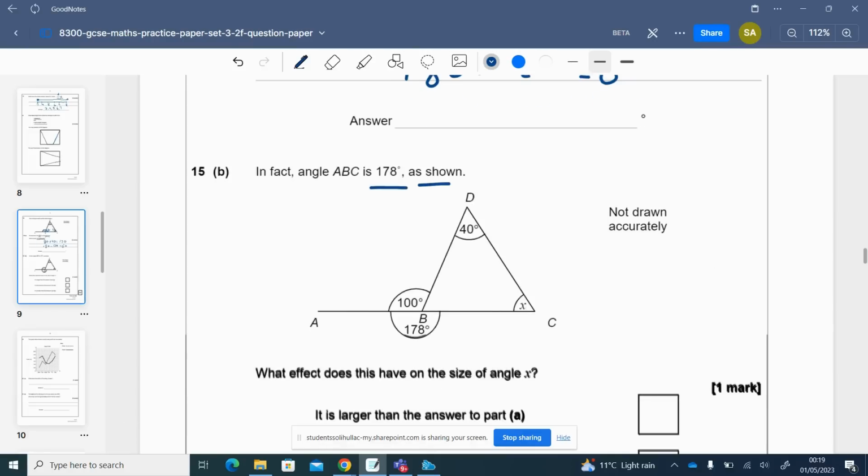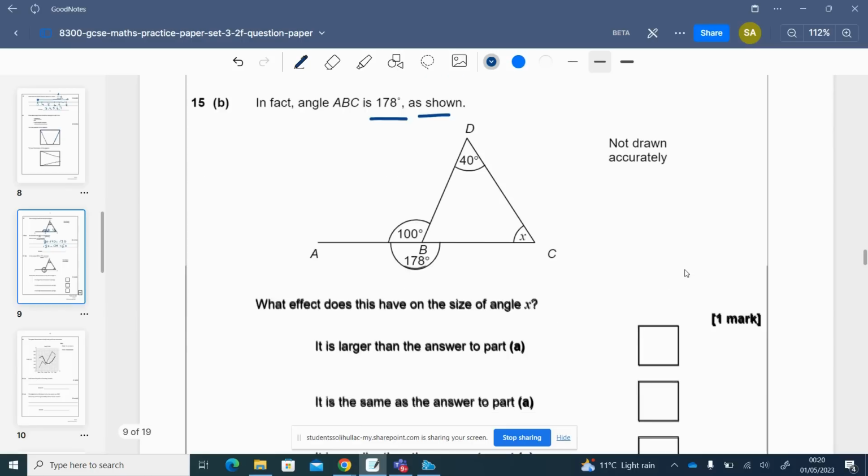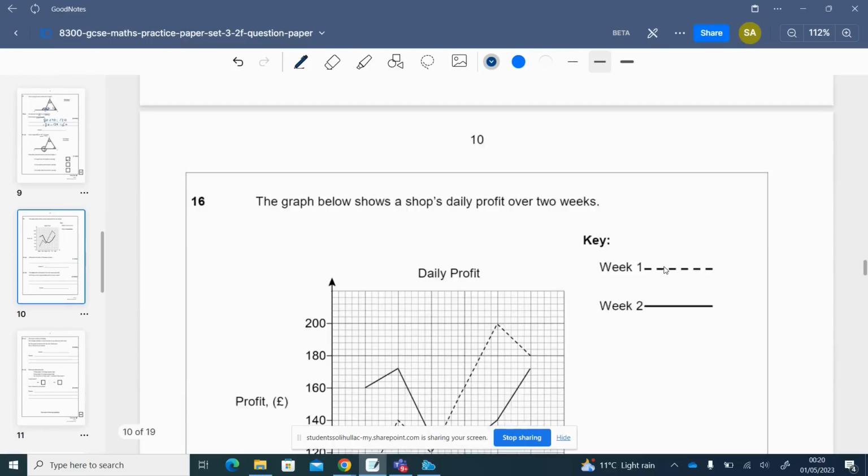So what effect does this have on the size of angle x? So if this is not a straight line and this angle is 178 degrees, the effect is that it is larger than the answer to part A, because obviously you are not taking away from 180, you're taking away from 178 here. Okay.